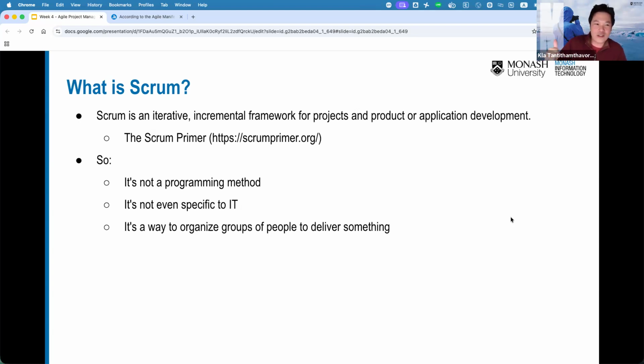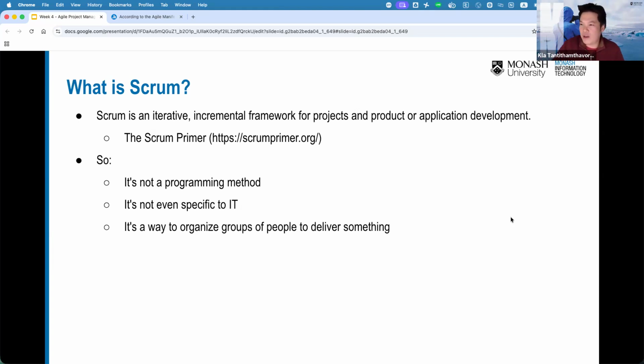So in short, what is Scrum? It's not a programming method. It's not even specific to IT. Scrum can be used in design. Scrum can be used in manufacturing as well. Scrum can be used in HR, and in marketing campaigns. For example, within this week, we need to advertise and do the marketing campaign for company A, B, C, D. Who's going to work on what?